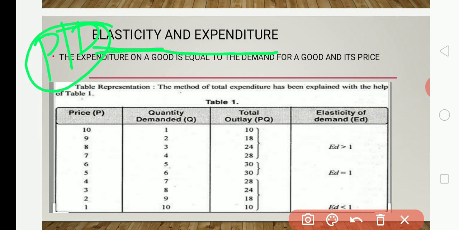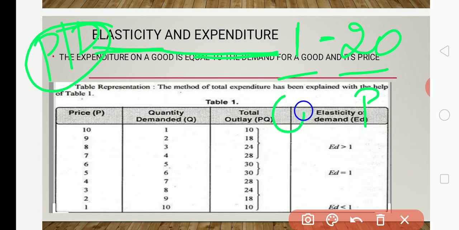And expenditure: suppose we are buying one cake, and one cake is 20 rupees. 20 rupees is the price, 1 is the quantity. Now I am going to buy 2 cakes. So 2 cakes into 20 will be 40.